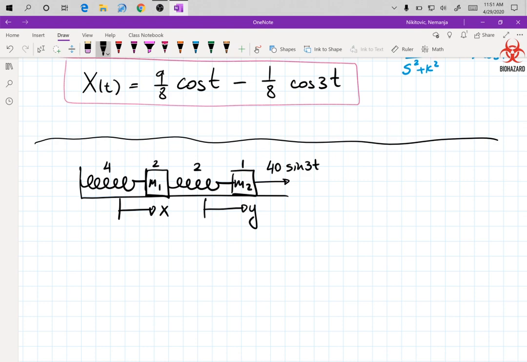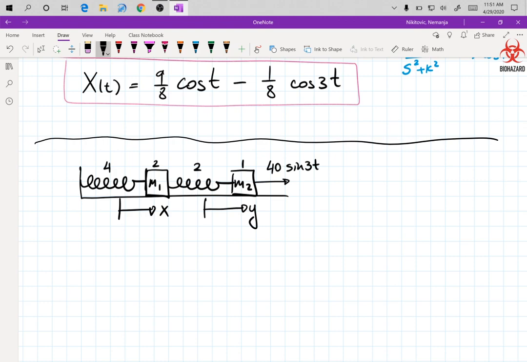When you have a system like this, we know what to do in terms of the setup, because we had that equation where we learned that the spring force depends on x minus y, with the spring constant k. We don't have a dashpot, so there will be no first derivative.